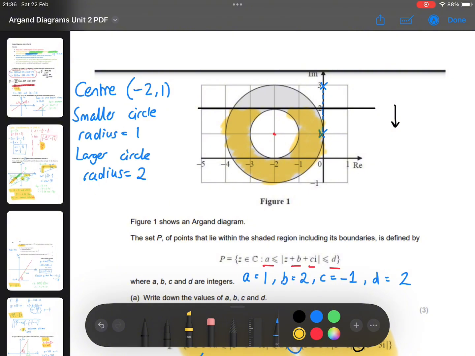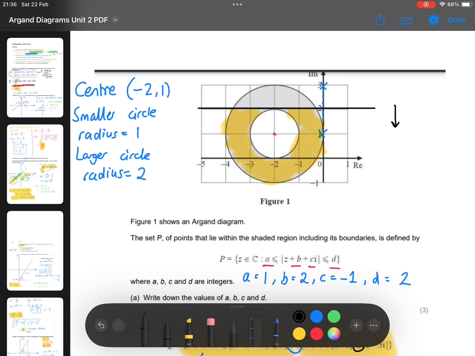So how we're going to do that, and it does take quite a bit of thinking to reach the solution for this. One way of doing it, it's going to be quite straightforward to work out the area of the shaded region they gave to us to start with, right?